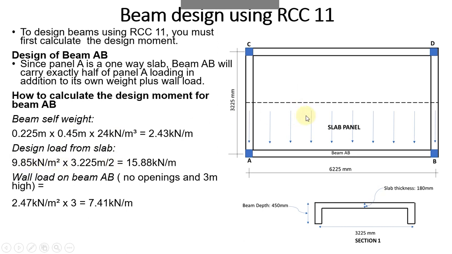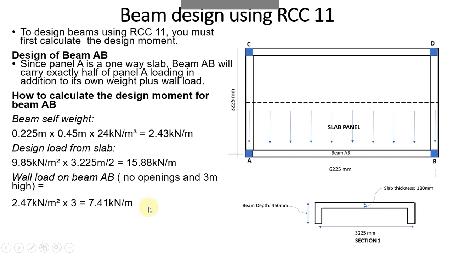When we multiply by half of the slab span, we get 15.88 kilonewton per meter. Now the wall load on beam AB, assuming there are no openings and it's 3 meters high, will be 2.47 kilonewton per meter squared times 3, which gives us 7.41 kilonewton per meter.